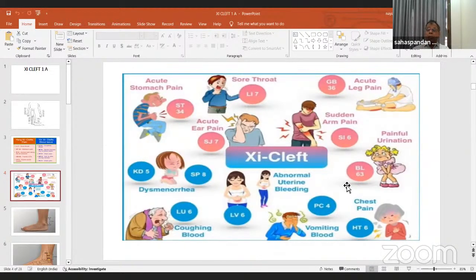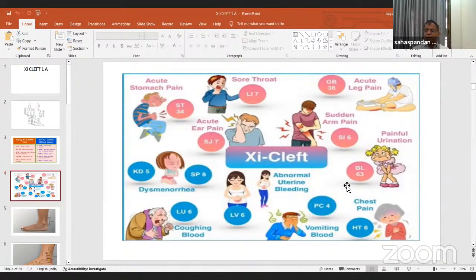For example, if you needle bladder 59 on the yang stepping vessels.